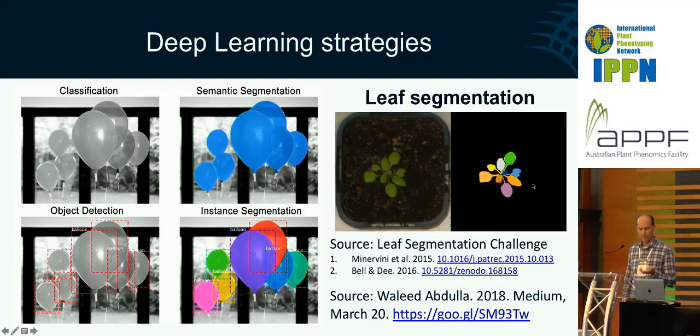So because this community has developed some of these shared labeled resources, like the Leaf Segmentation Challenge dataset, that's actually a data set we can directly use in this kind of approach for instance segmentation. So we already have these labeled leaves, and we can feed them into one of these systems.